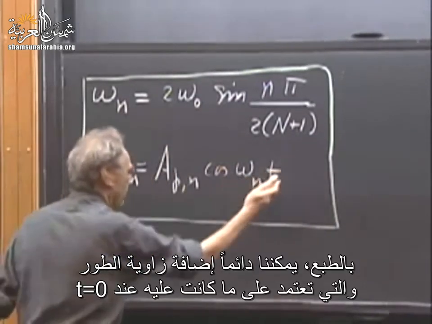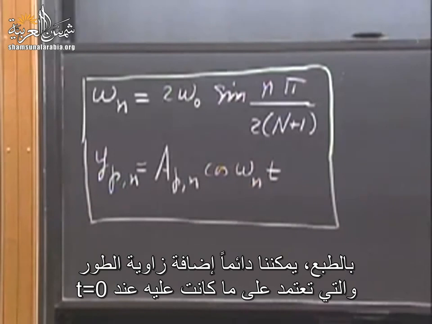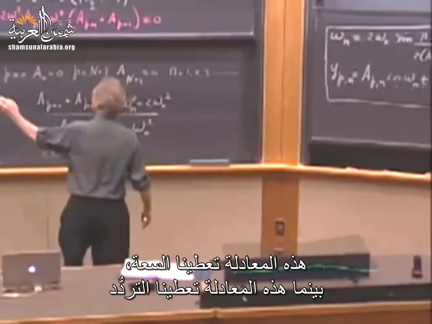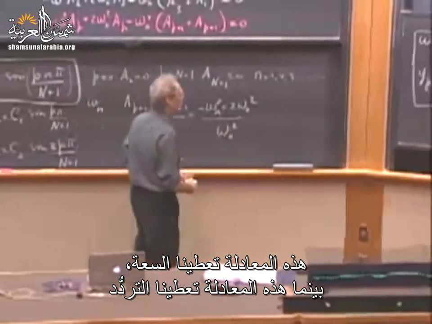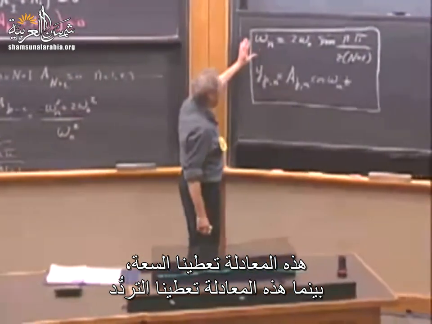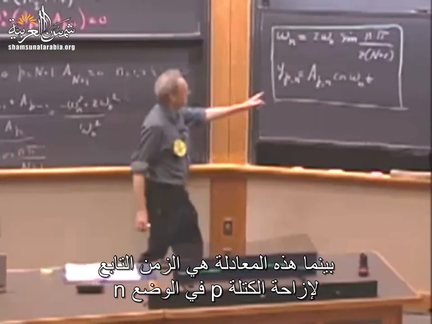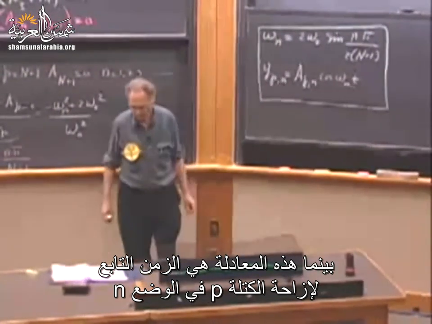And of course, you can always add a phase angle depending upon at t equals 0 what the particle is doing. And so this one gives you the amplitude, this one gives you the frequency, and this then is the time dependence of the displacement of particle number p in mode n.